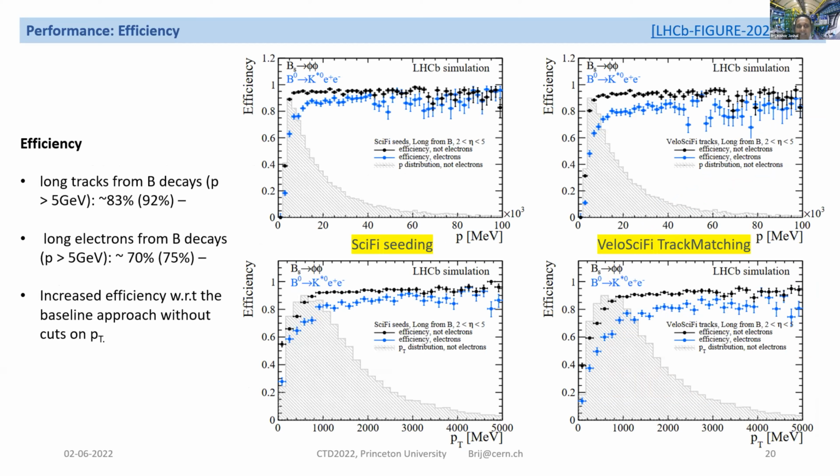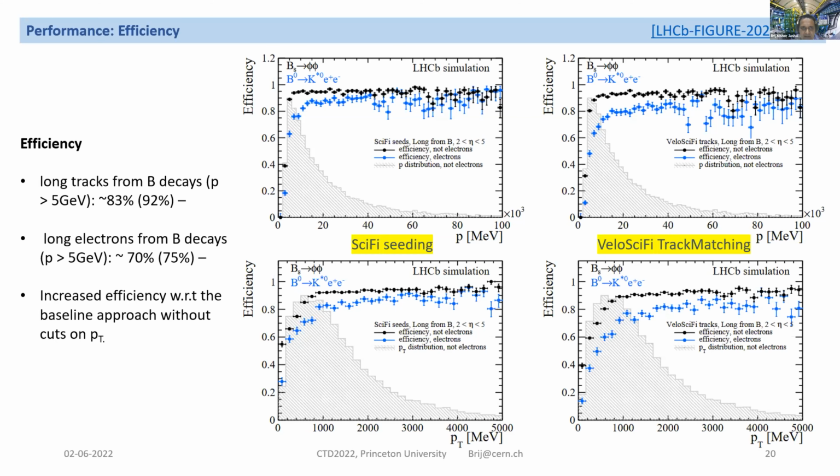In terms of efficiencies, for long tracks from B decays with momentum greater than 5 GeV, we have about 92% efficiency, which is very much within our acceptable limits. And in fact, it is slightly better for higher PTs as compared to the baseline.